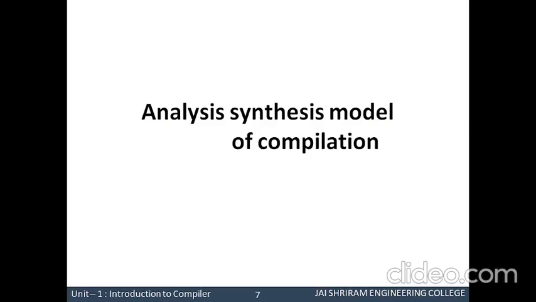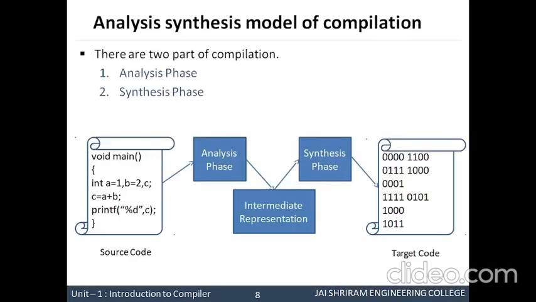Next one, analysis, synthesis, model of compilation. The compilation process is divided into two parts: analysis and synthesis. The analysis phase breaks the program into small pieces and generates an intermediate representation.